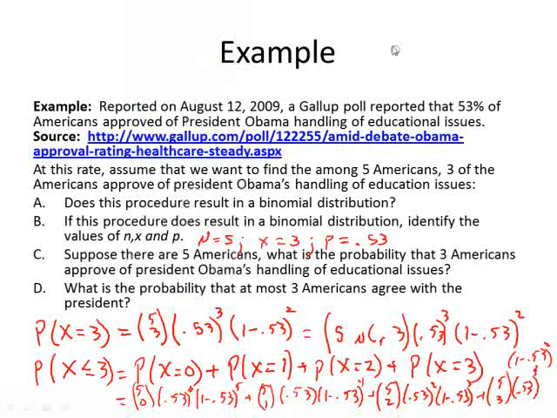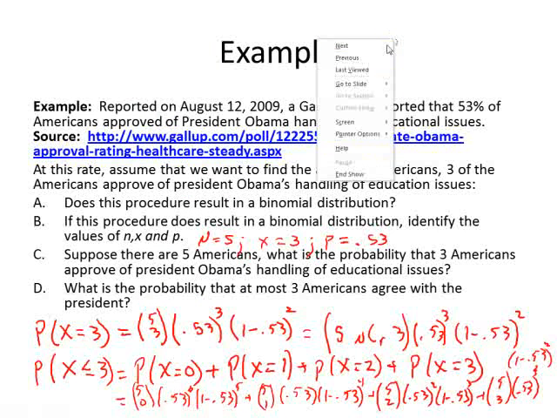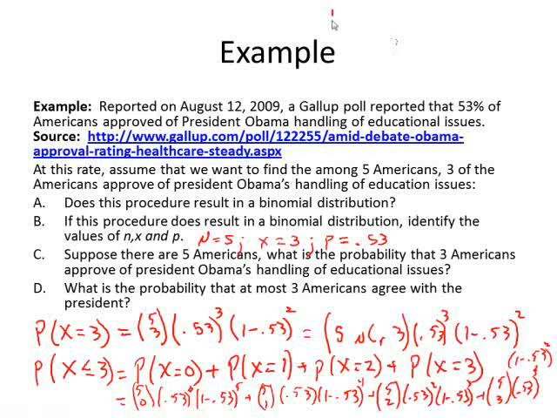Just to make sure we're all on the same page, we will use Binom PDF when we are given the probability that x is equal to little x.